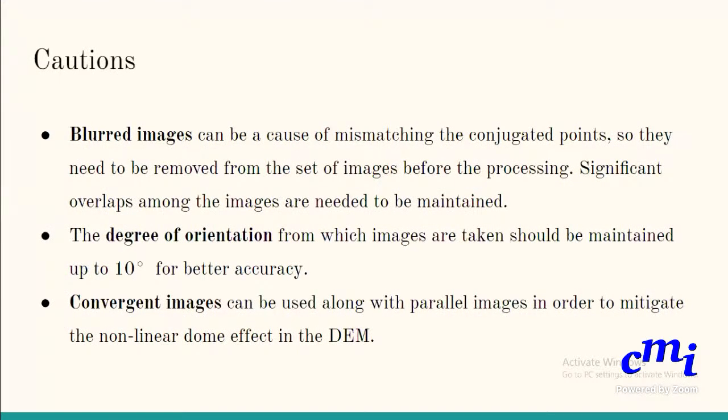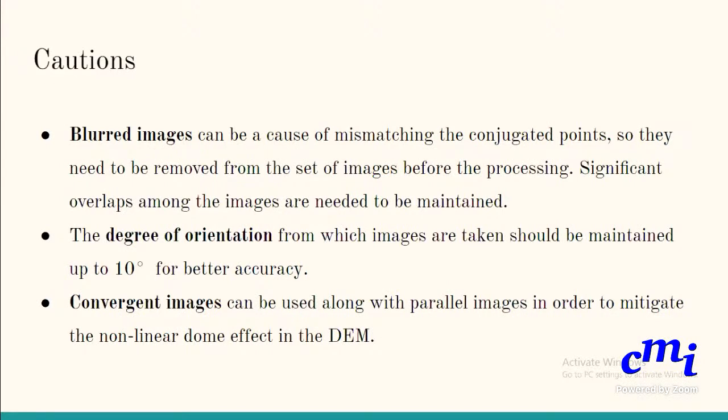Okay, there are some cautions in this flow. We can't use blurred images, as they have removed them immediately when they capture any, because it can cause the mismatching of conjugated points.